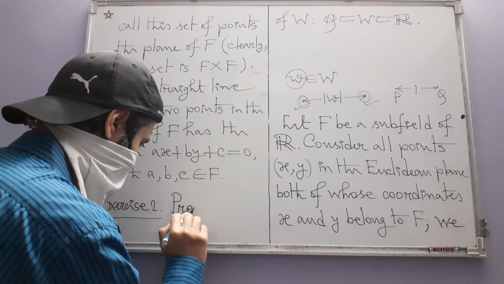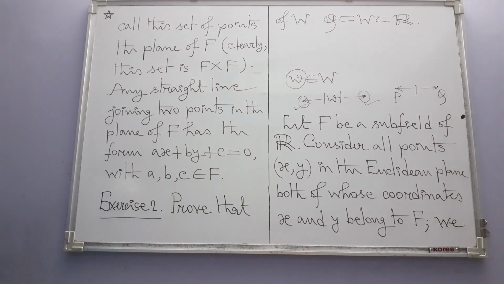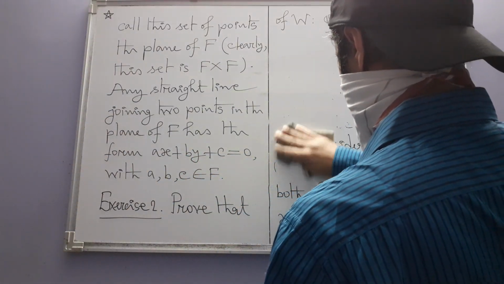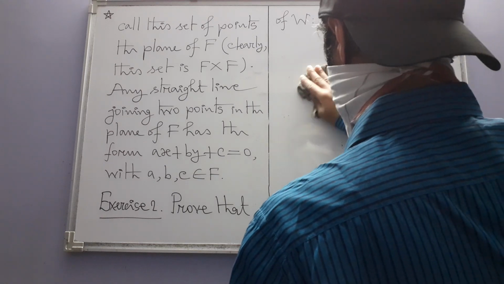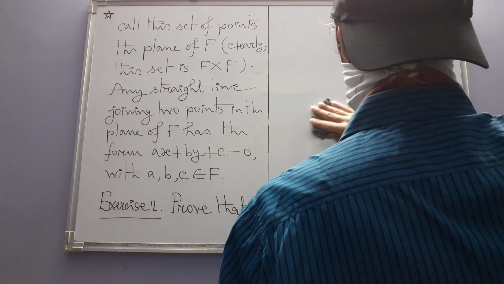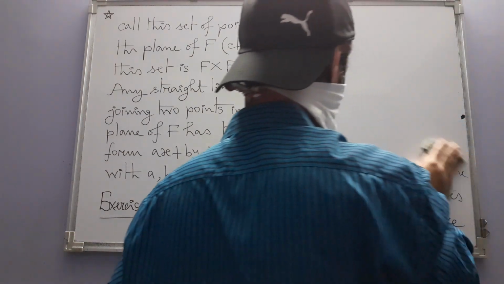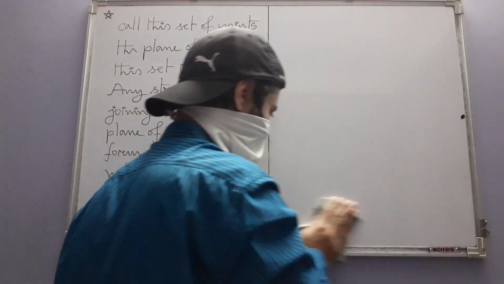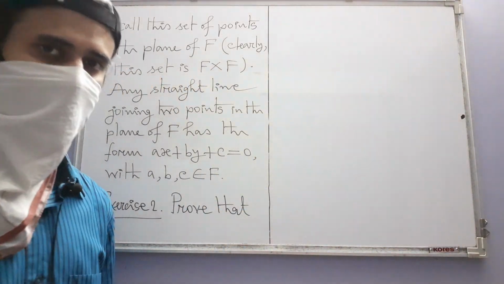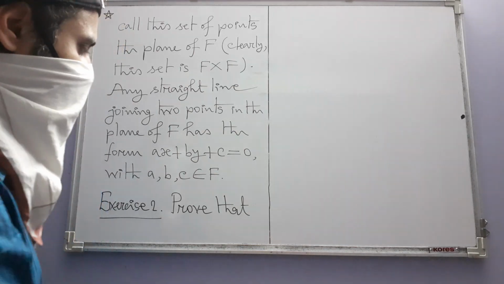Prove that... it may not be immediately clear why we are doing these things, but once we finish all these considerations and prove all the necessary things, then we will see how that gets us towards what we want. That is a criterion for deciding which real numbers are constructible numbers.